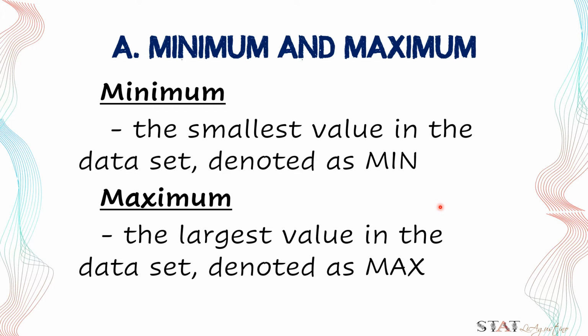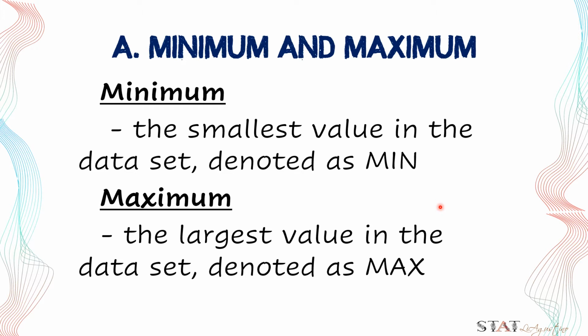And the maximum is the largest value in the data set. For example, what is the maximum grade you had last semester? If you say 97, then the person will have the idea that some of his or her grades range from 89 to 97, and the maximum grade would represent that indeed he or she is capable of achieving such a grade.